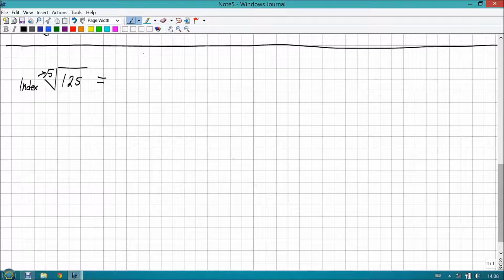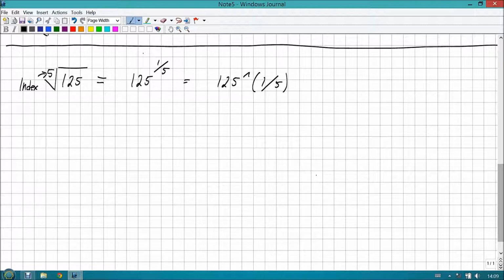I take the index and I take my base and I raise it to 1 over the index in power. So in this case, the fifth root of 125 becomes 125 to the 1/5 power. I can then plug that into my calculator as 125 caret, open parentheses, 1 divided by 5, close parentheses.